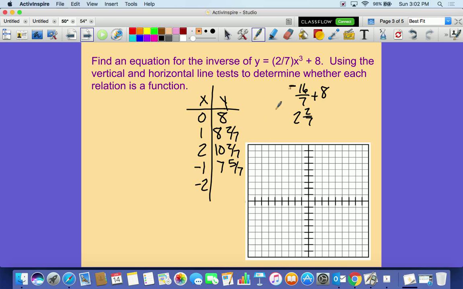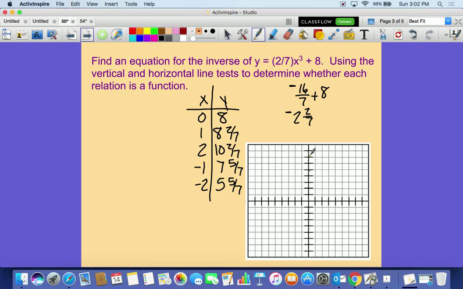So I'm going to make this a negative here, which would make this a negative. So -2 and 2/7 plus 8 would be 5 and 5/7. All right, and that should be enough to get at least a decent idea what this graph is going to look like.